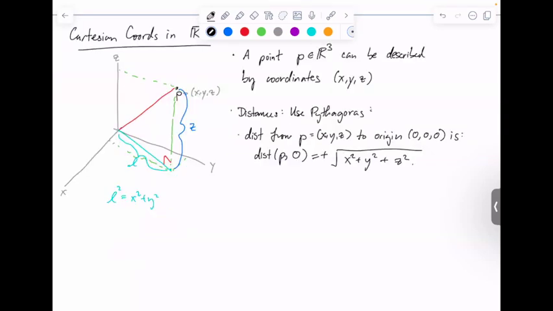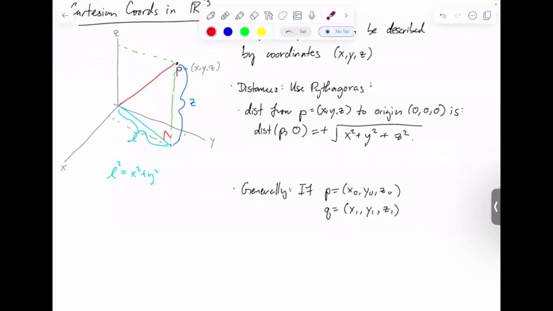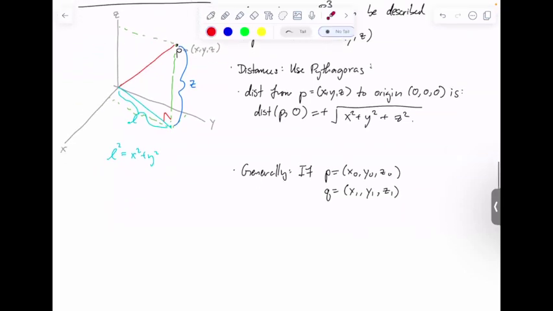Now, in general, let's say P has coordinates (x0, y0, z0) and Q has coordinates (x1, y1, z1). Say P is some other point here in 3 dimensions with a different set of coordinates.